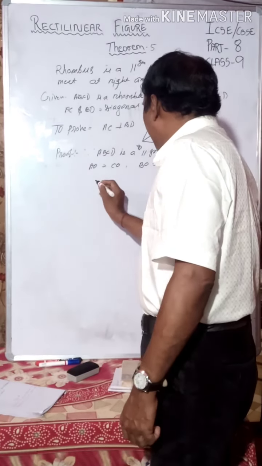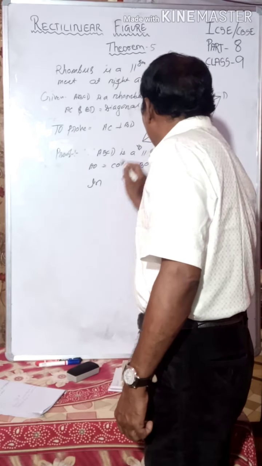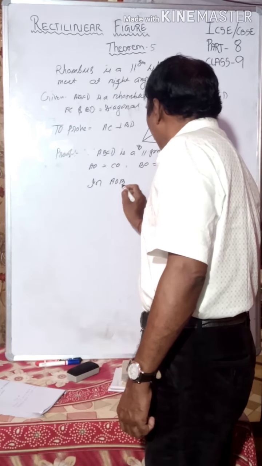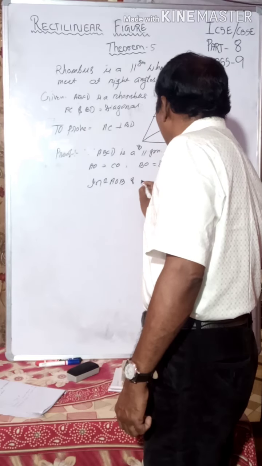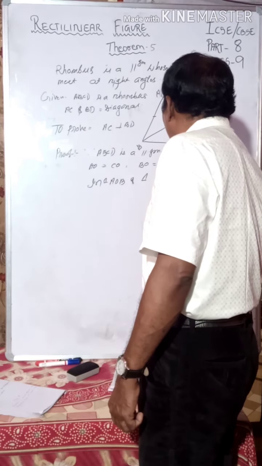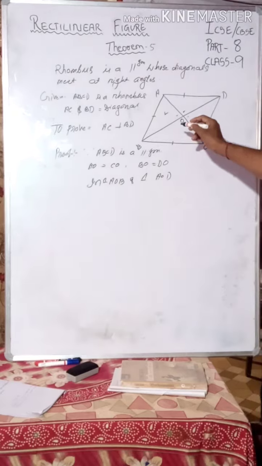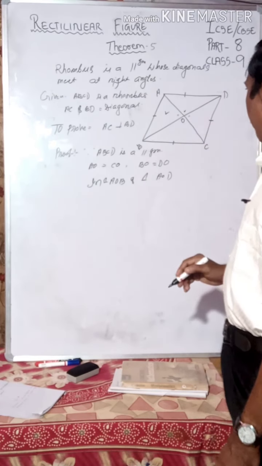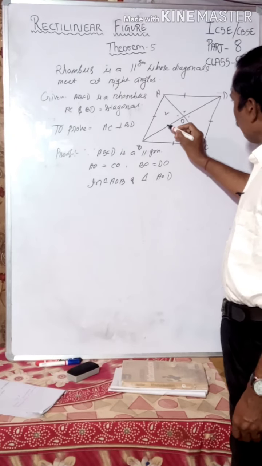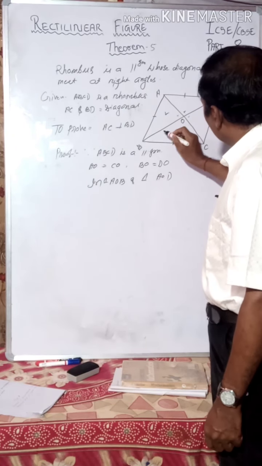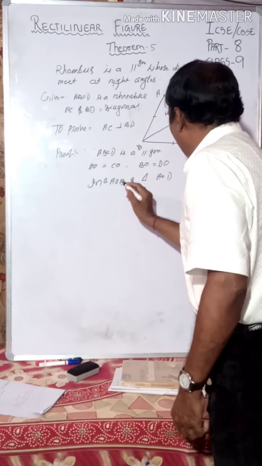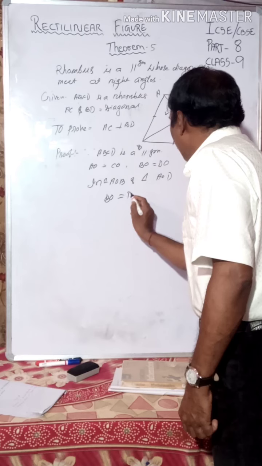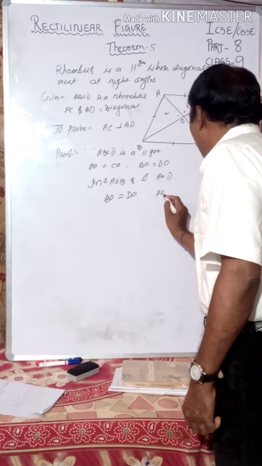Now in triangle AOB and triangle AOD, look. BO is equal to DO, proved.